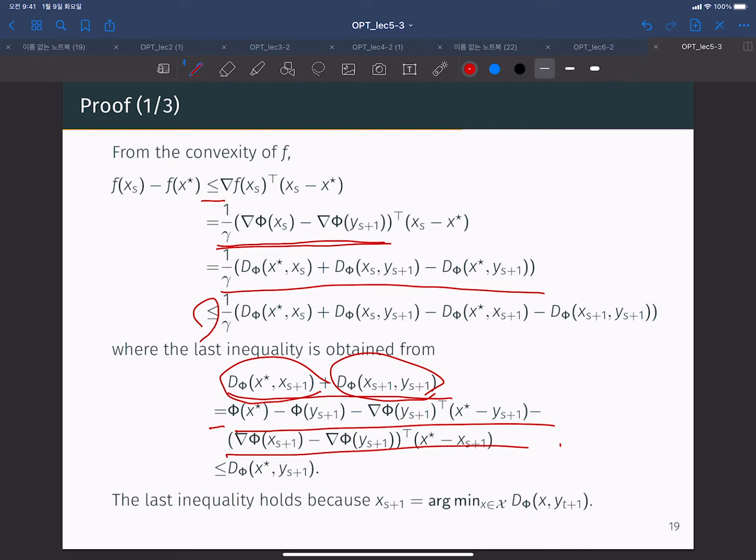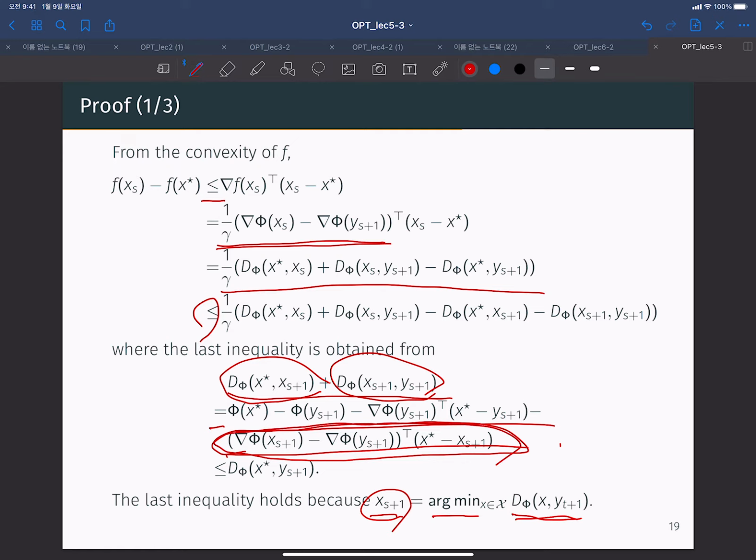And the Bregman divergence itself is also a convex function, and every time we find x_{s+1} as the argmin over your constraint set of the convex objective function, the Bregman divergence between x and y_{t+1}. Since x_{s+1} is the solution of a convex optimization problem, from the definition of convexity, a very important property of convex optimization problems, for the solution we have this inequality.